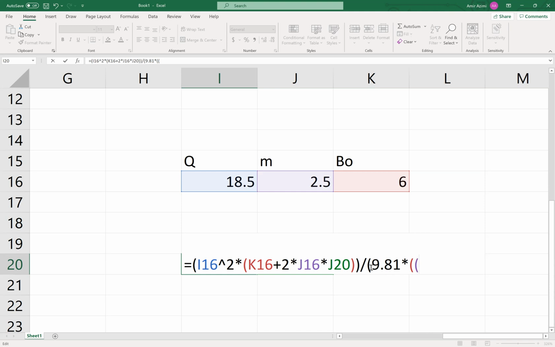The area of a trapezoidal section is B0 plus M times Y, times Y. And then everything to the power of 3. Now I just close the parentheses.